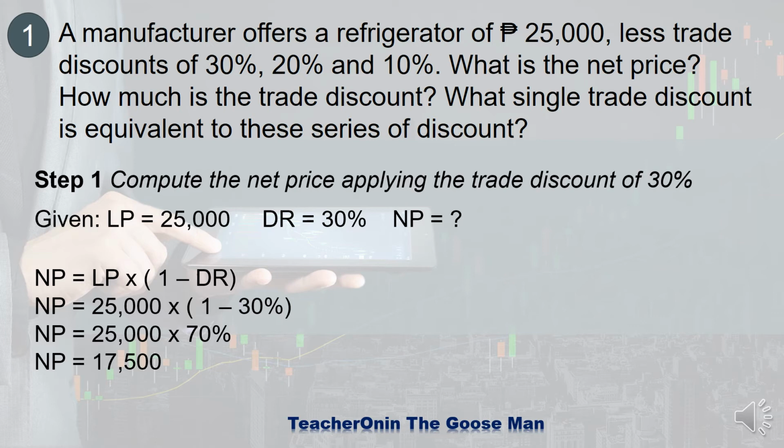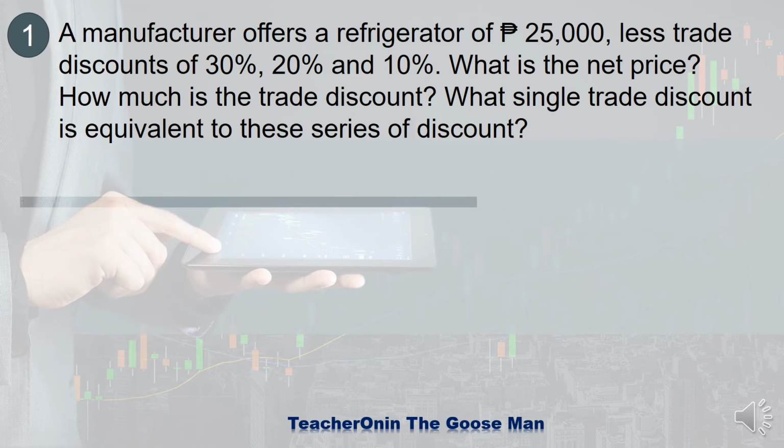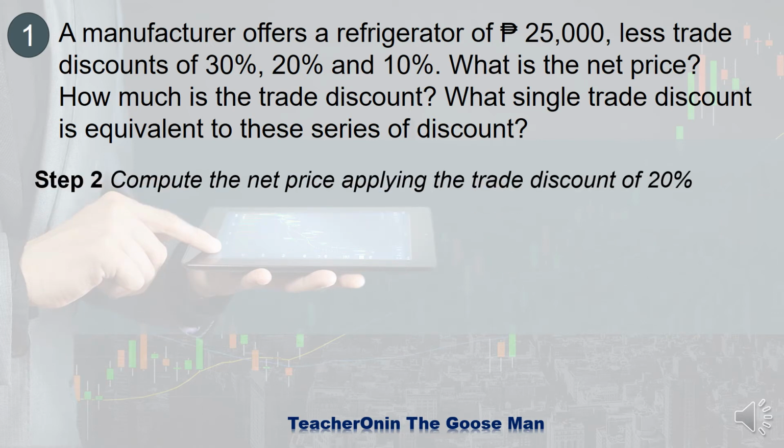But take note, we still have 20% and 10%. So next, compute the net price applying the trade discount of 20%. This time, our list price is 17,500 while the discount rate is 20%. We would like to find out the net price.